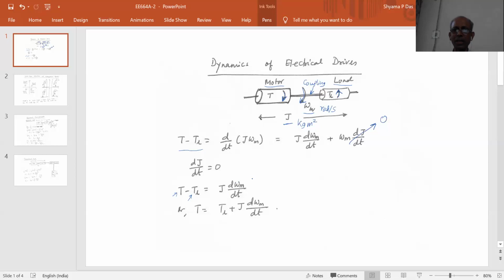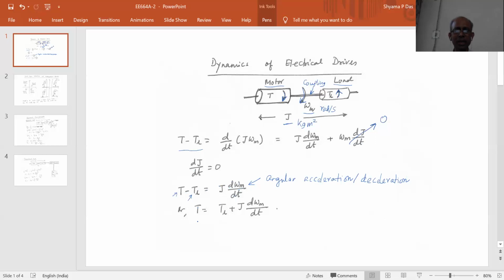D omega by dt is the angular acceleration or deceleration. So the motor torque minus the load torque is equal to J d omega by dt, and this quantity is sometimes called the inertial torque.